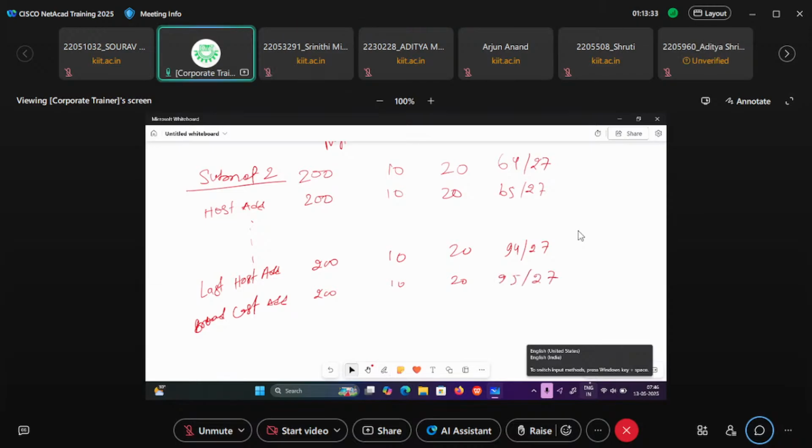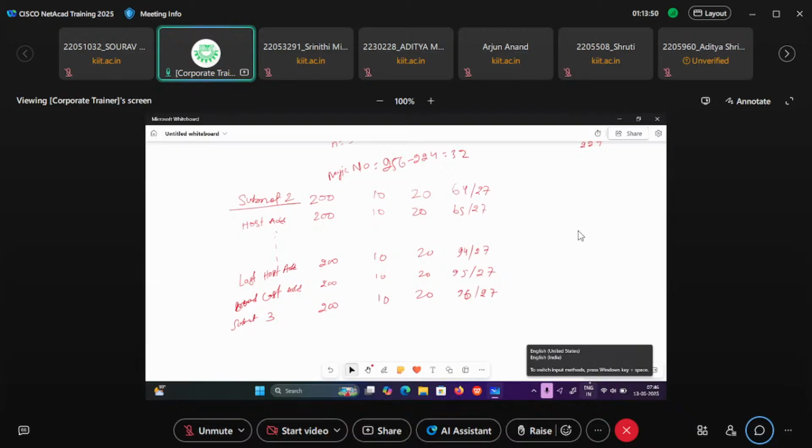And what will be my subnet 3 address? Subnet 3 ID, what will it be? 96, right? /27? Yes or no? Just think about it.